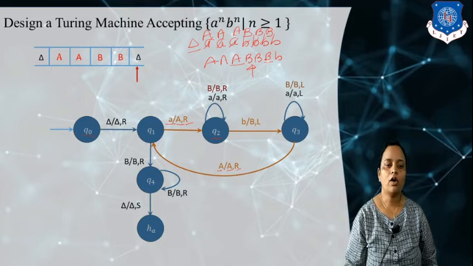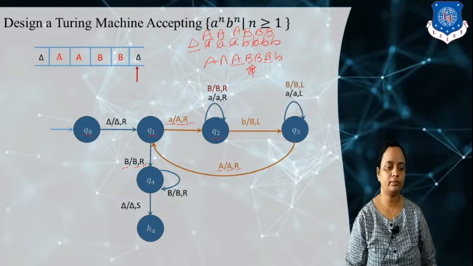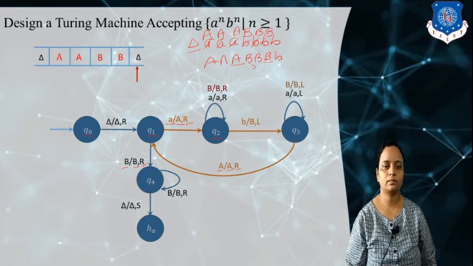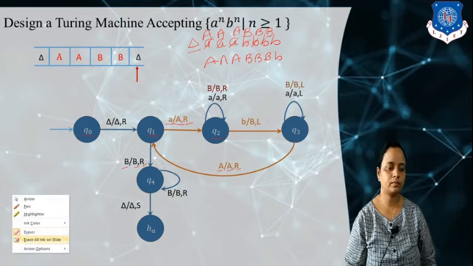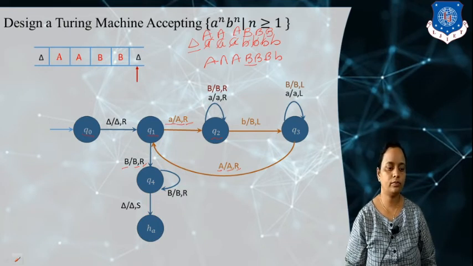Right now we are at Q1 state. Now Q1 state says capital B is replaced by capital B. Move your head to the right side. So my head is moving to the right direction.